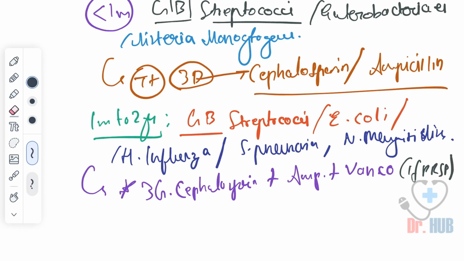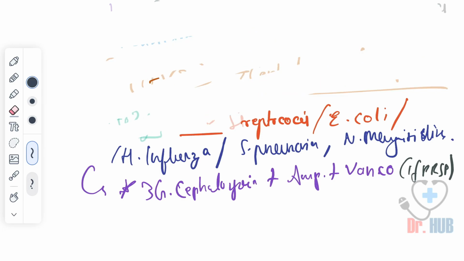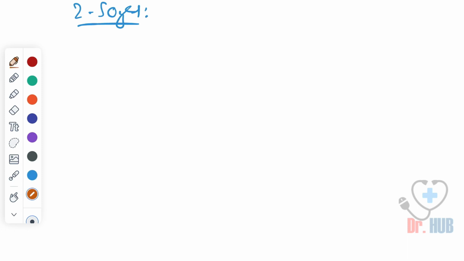Then we move on to the age group of 2 to 50 years. In case of 2 to 50 years, we are also looking at no risk factors for Listeria.